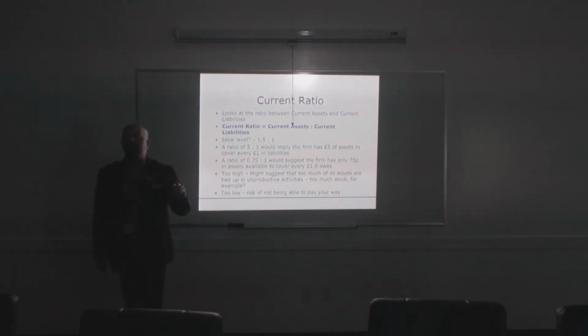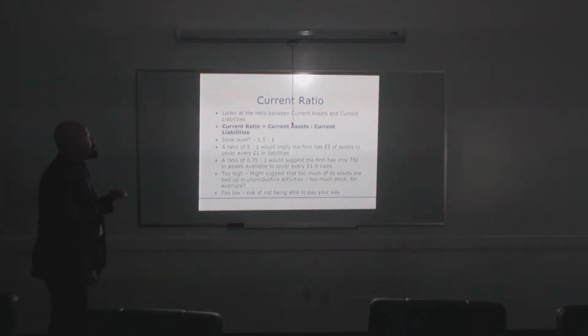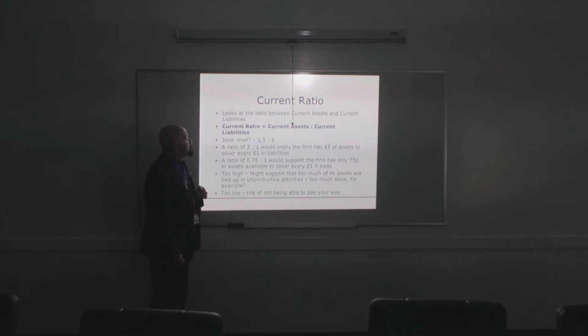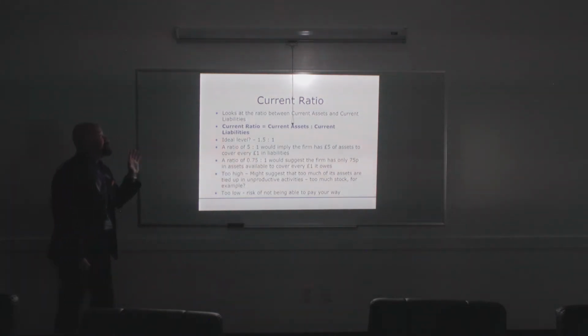But the best one, and the one that the banks and investors are looking at, is 2-to-1. Now we want 2 assets to every 1 liability. A ratio of 5-to-1 would imply the firm has $5 of assets to every $1 in liabilities. So that means they're in pretty good shape.